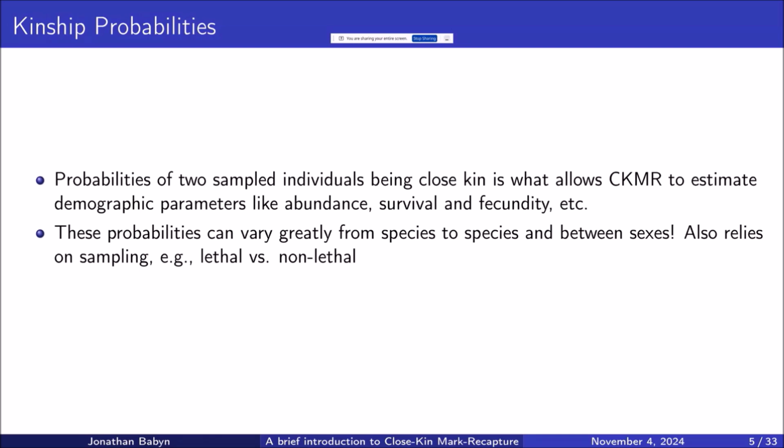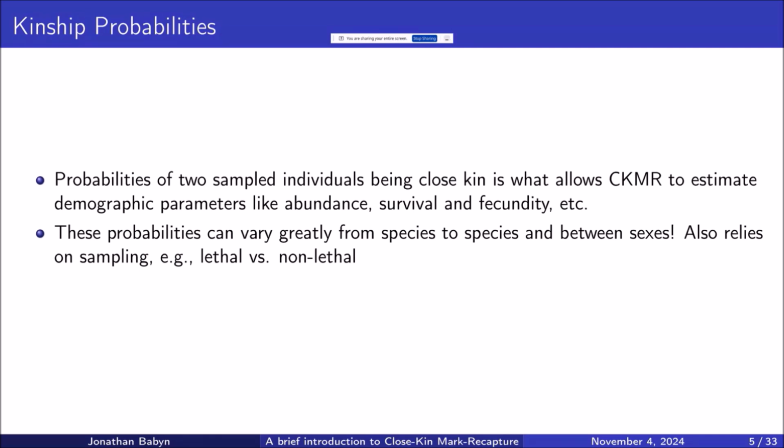The more important bit is looking for the close kin relationships between individuals. These kinship probabilities can vary greatly from species to species and between sexes, as well as with your sampling protocol.